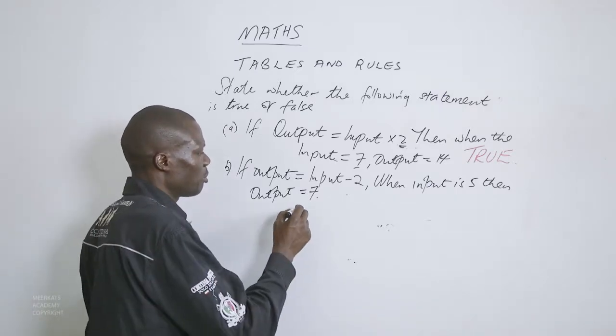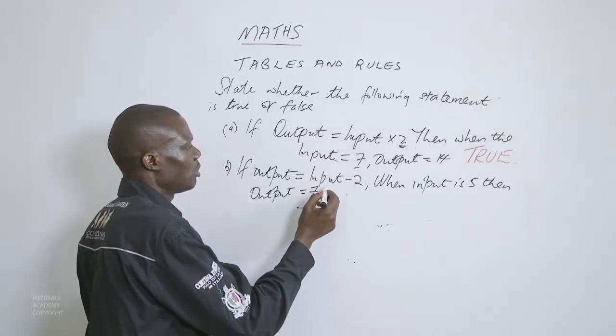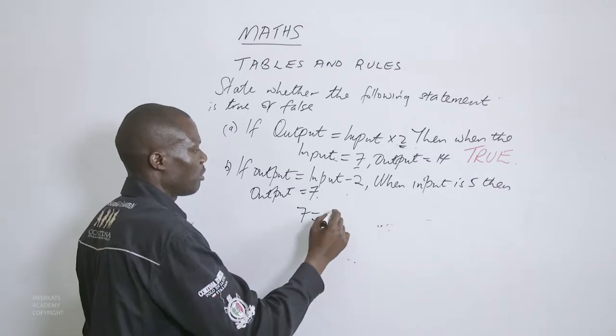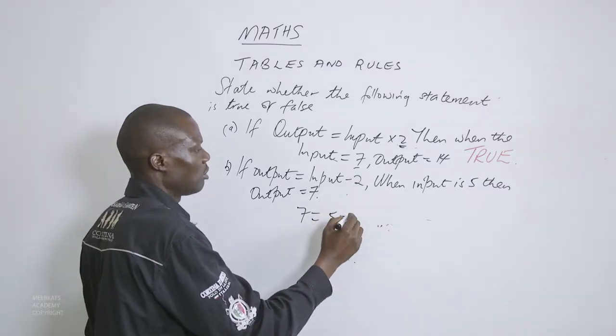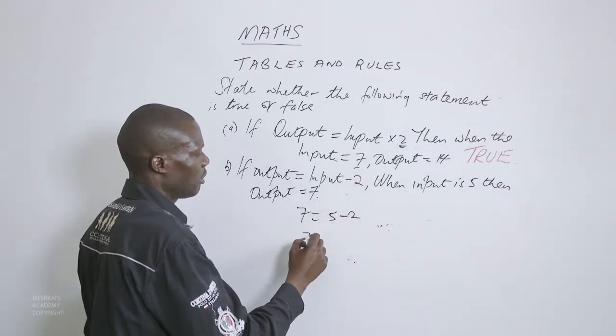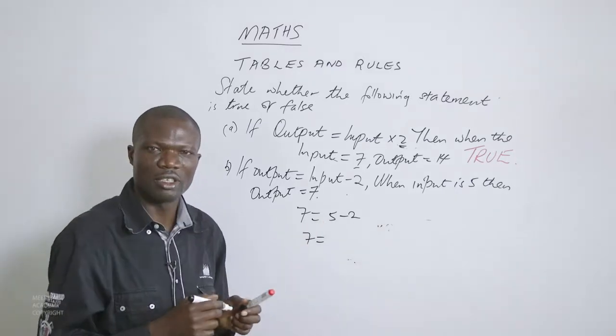So we start with output, which is 7, is equal to input, which is 5, minus 2.